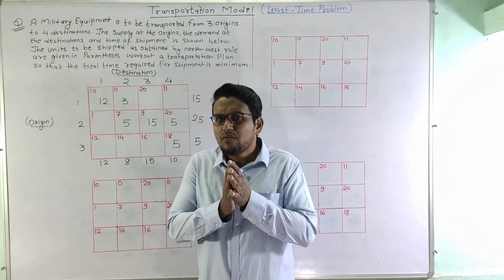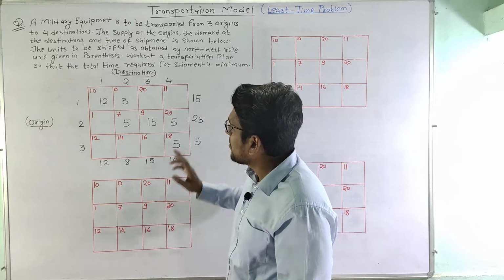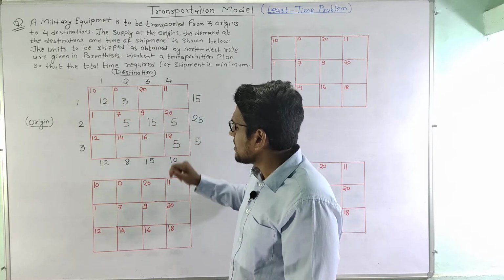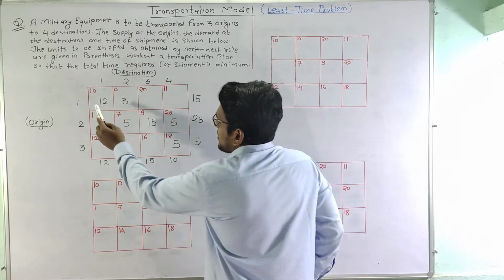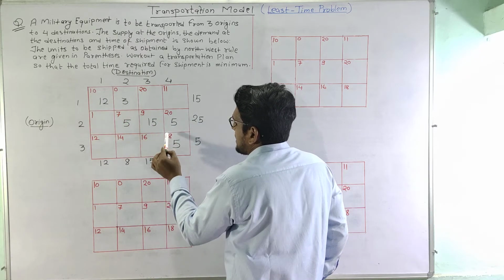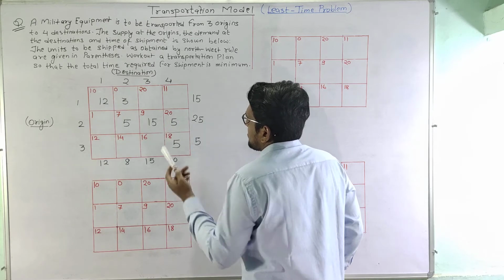So our transportation time will be the maximum time among these allocations. Among them we can see the different times: 10, 0, 7, 9, 20 and 18. Among these, 20 is the maximum time.